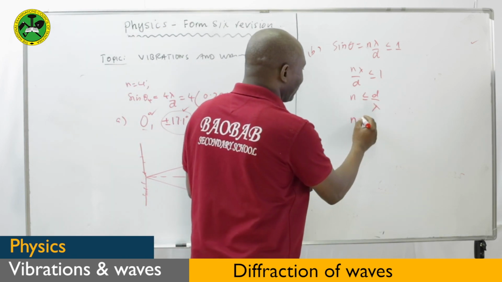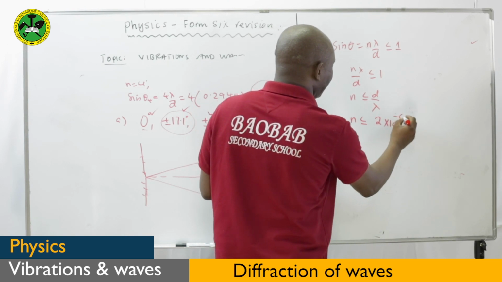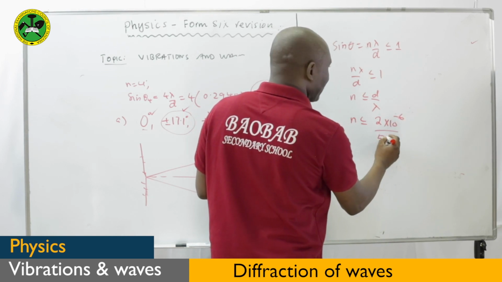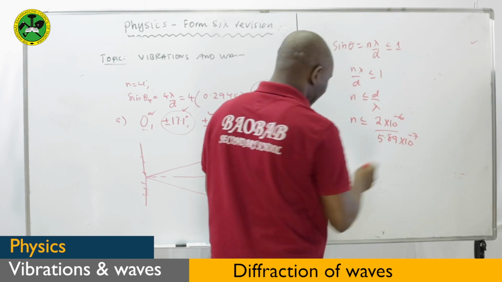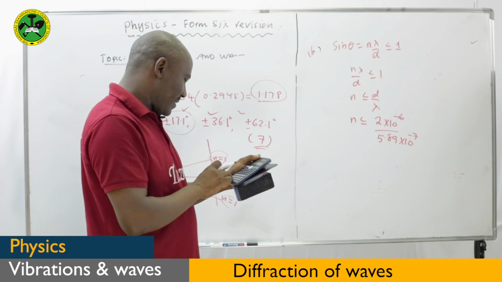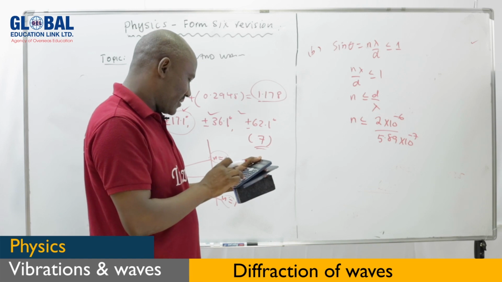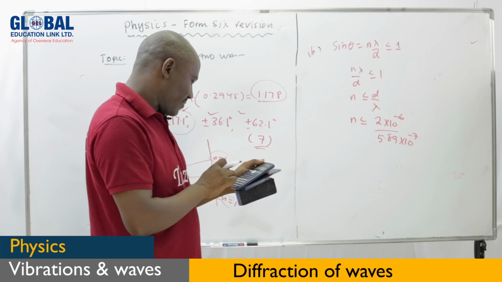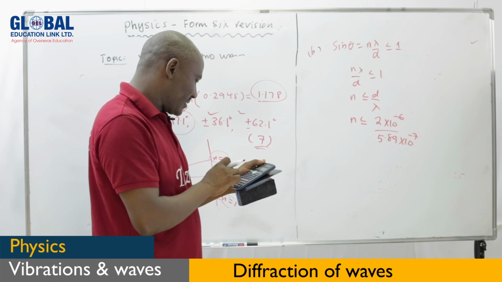Here we have n equals d over lambda. What is d? We found this is 2 times 10 to the power negative 6. And our wavelength was 5.89 times 10 to the power negative 7. Let's find out. 2 e power negative 6 divided by 5.89 e power negative 7.